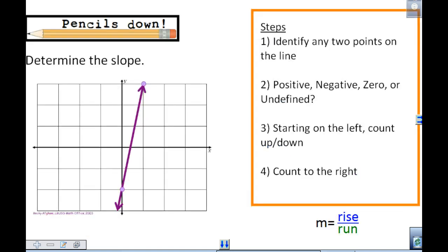Okay. So in general, if you want to count slope or find slope, we can use 2 methods. One is going to be today, the other one we're going to work on tomorrow. If you have a graph, you can just count.